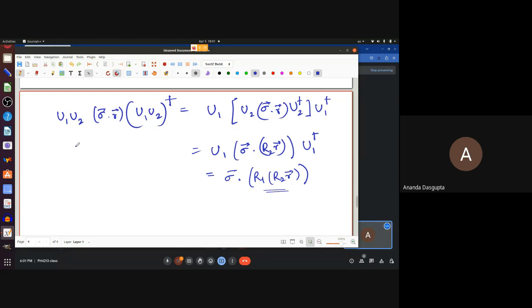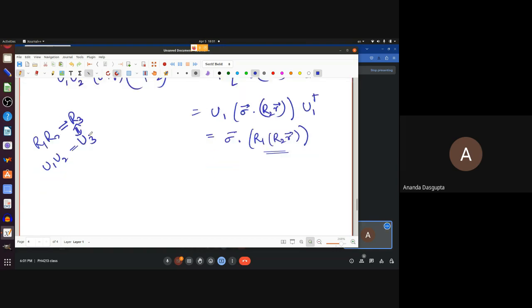So if R1 R2 is equal to R3, then U1 U2 corresponds to U3, which is basically linked to R3. Got it? So this is homomorphism. U1 gives you R1, U2 gives you R2, U1 U2 actually gives you R1 R2. Right?